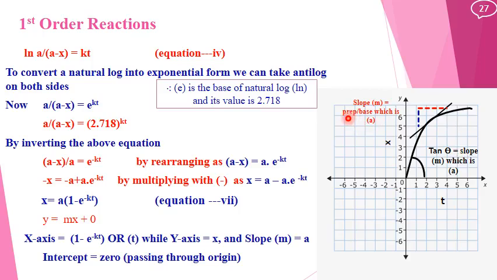The slope also can be calculated by a trigonometric method, that is actually perpendicular over base, which is our value of a, also by tan theta value, and by the right angle triangle slope finding method, we may have the value of initial concentration, while the intercept is 0 and the line is passing through the origin.